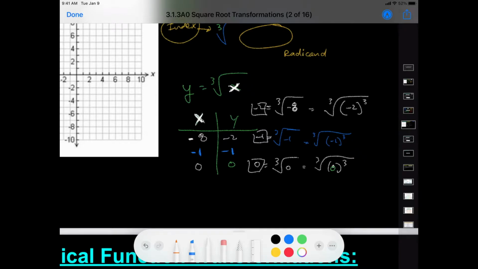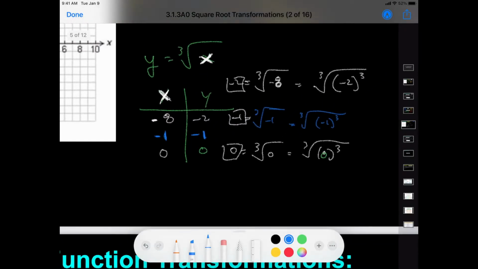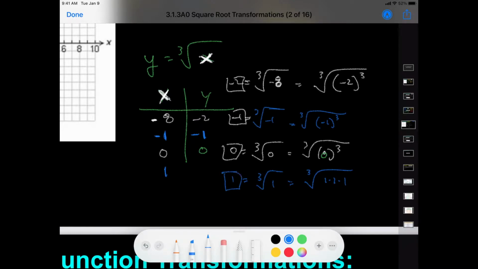Okay, let's try positive numbers now. If I pick 1, that would just be a 1. My output would be a 1.